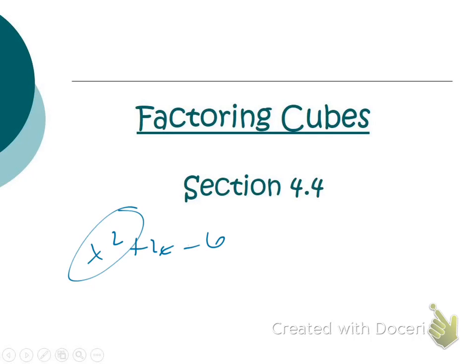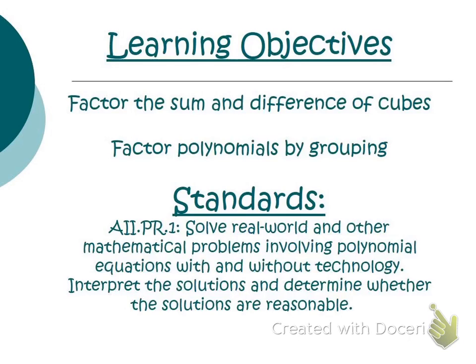And then also degree 4s, or just even degrees, we've been factoring down. This is a situation where you're going to have an odd degree, and we can still maybe factor it, but it has to be a very special circumstance. Okay? So we're going to talk about factoring the sum and difference of cubes. The grouping we'll save for the next video.